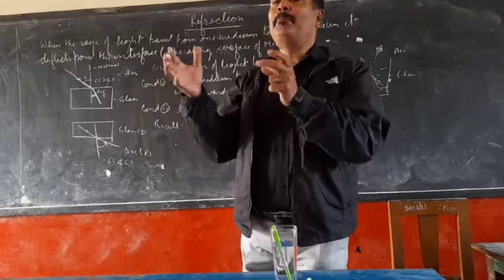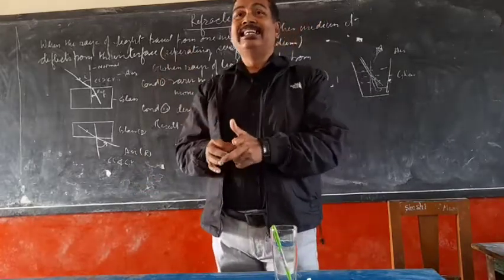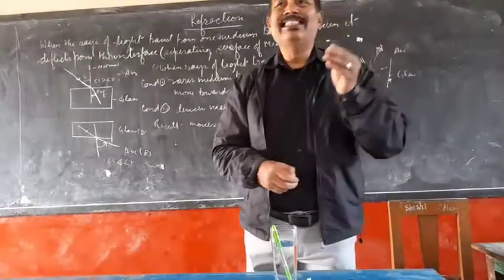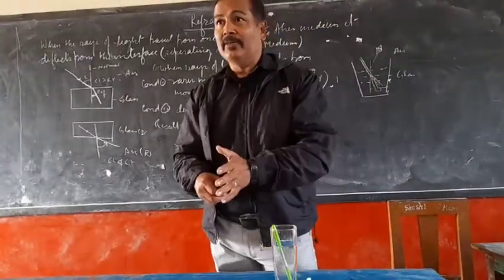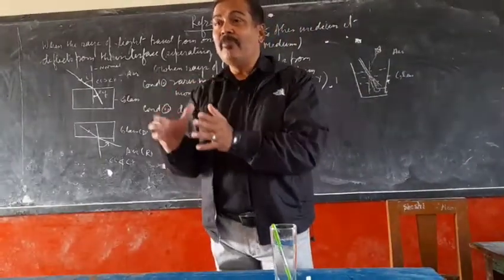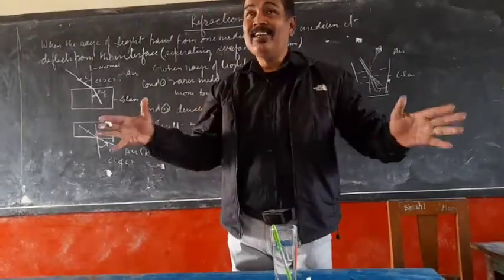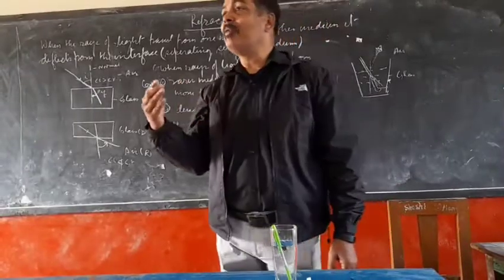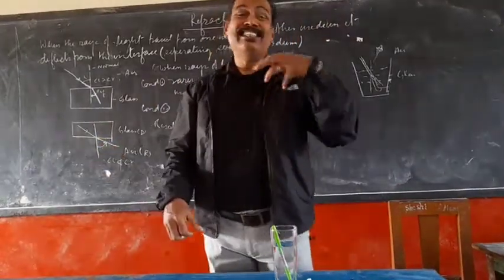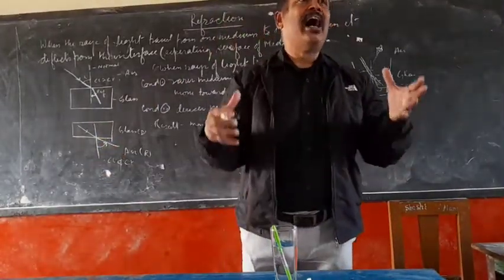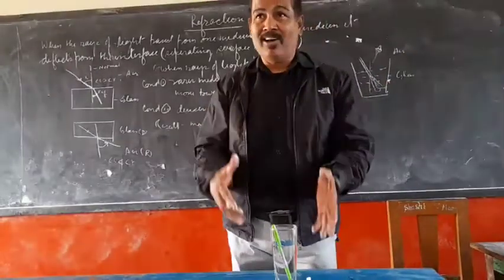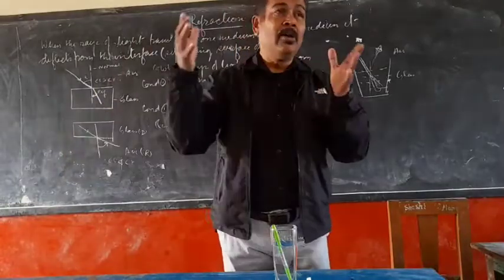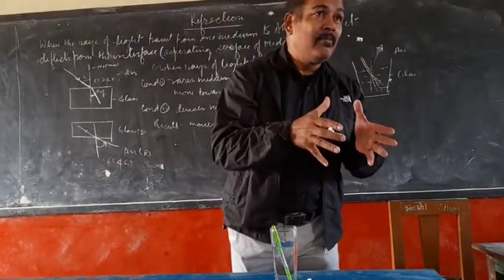Because the speed of light is inversely proportional to the density of the medium. When the medium is rarer, speed of light is faster, as in the example of air. When the density of the medium is higher, like in water or glass with respect to air, the speed of light becomes less.